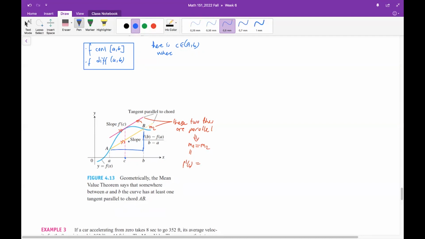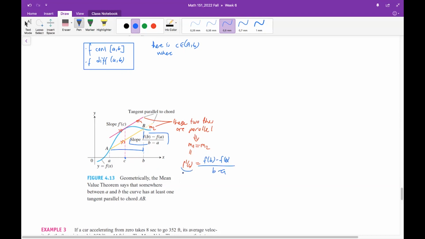The slope of this second line is in fact given by this expression here, right? It is the length of this part divided by the difference of b and a. So let's write it down: f of b minus f of a over b minus a. What is this? This is the slope of the second line.